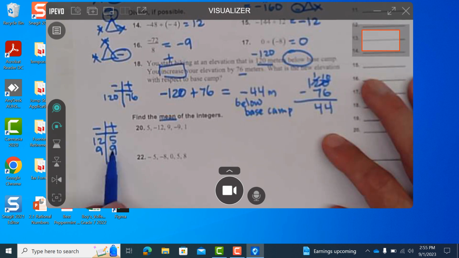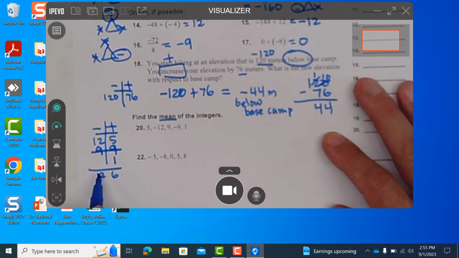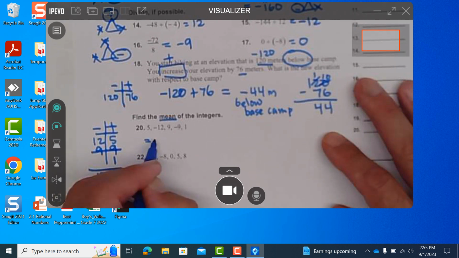The 9s are opposite each other, and if you were just doing 9 and 9, that would make 0. So we can cross those numbers off. We don't need to add those into the problem. Now adding down, we have 12 negatives and 6 positives. So adding that up, we get 12 minus 6, so we have negative. This equals negative 6.